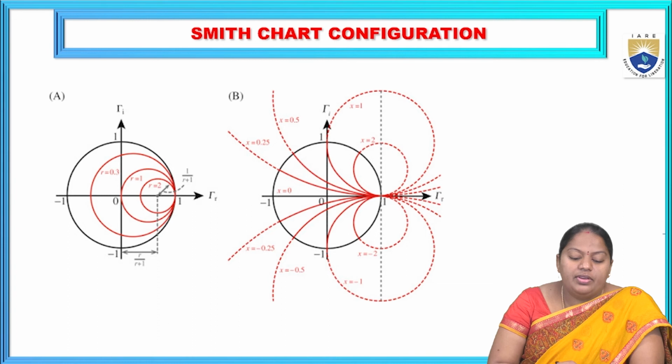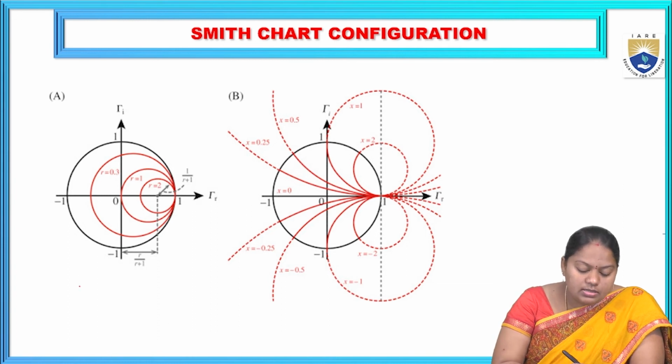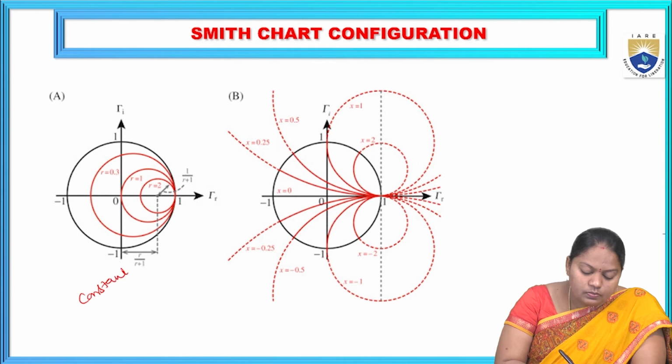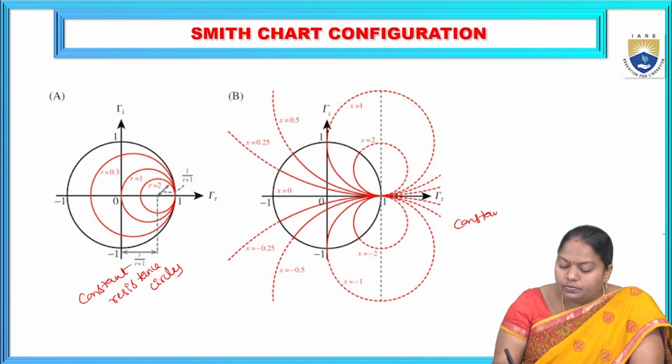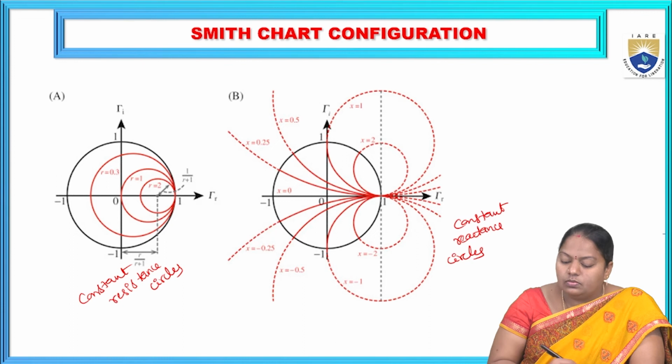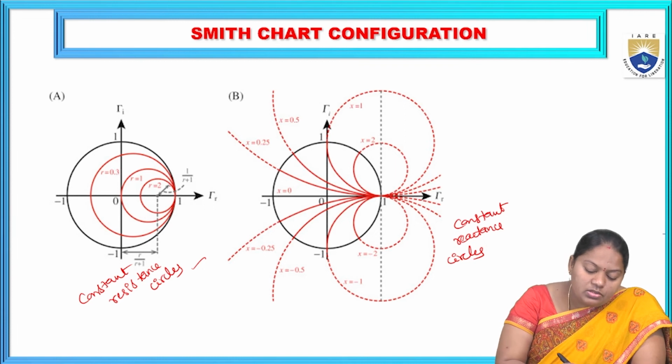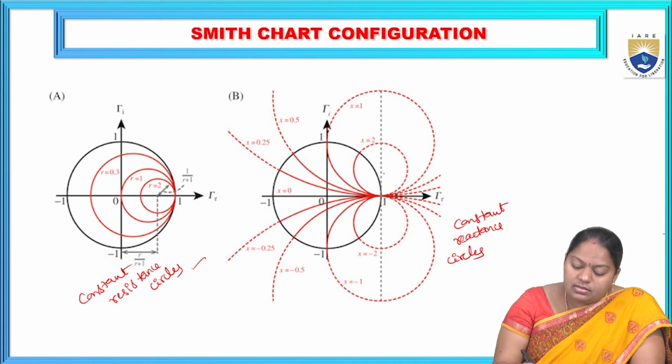Separately, we can observe here the constant resistance circles, and these are the constant reactance circles, which can be drawn on the complex reflection coefficient plane. For different values of R we draw different circles, and for different values of reactance X we consider these arcs.